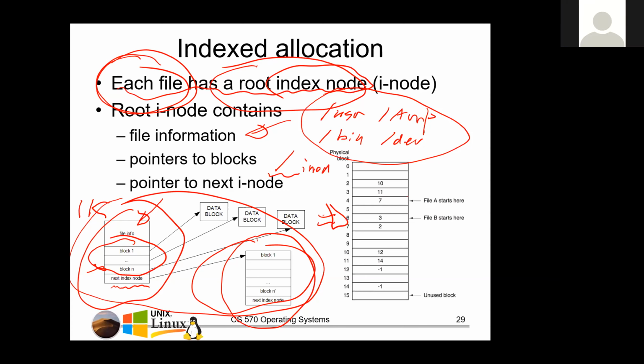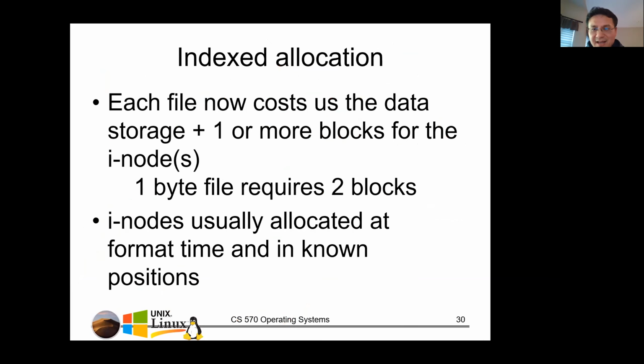And of course, each file has its own root index node. How do you find which index node corresponds to a particular file in Unix? You could just use ls -i. It will give you the index node information for that file. Gotcha. Thank you. No problem. Good question. Any other questions?